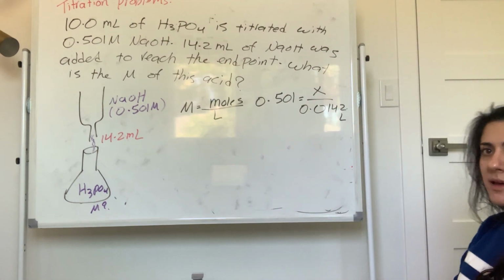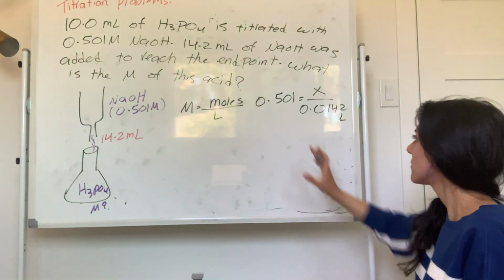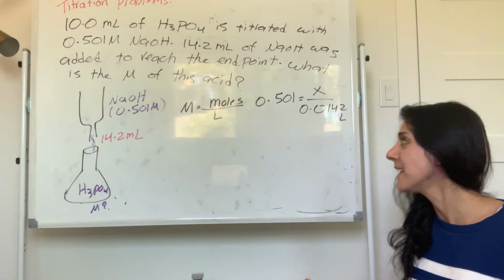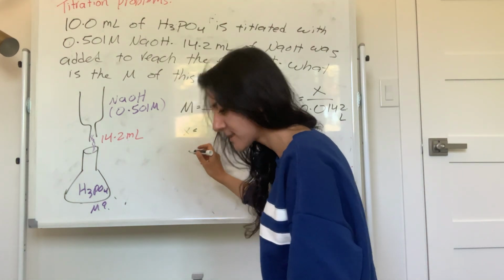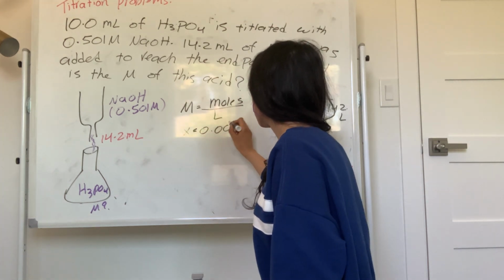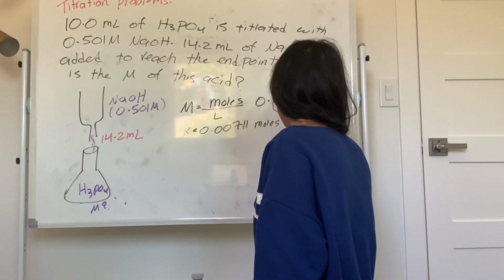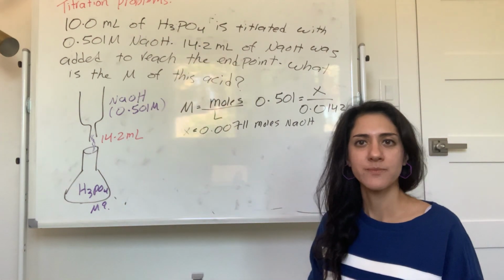Okay, so I'm trying to figure out how much of the NaOH I added. I have the molarity, I have the volume, I can figure out how many moles I added. So I'm going to solve for x. If I solve for x, I get 0.00711 moles of NaOH. Beautiful.